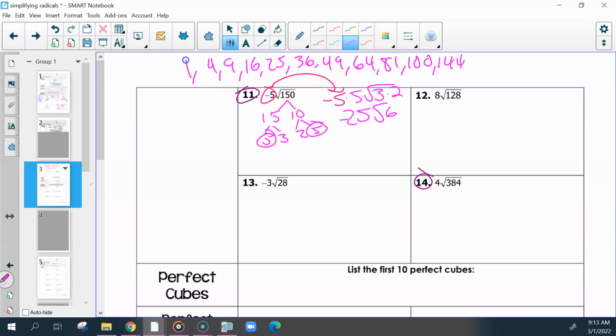This may be something bigger than these. Yeah, that's in this one. But find which of these, the highest of these, we can divide 384 by. 64, and what do you get when you divide by 64? 6. Okay.